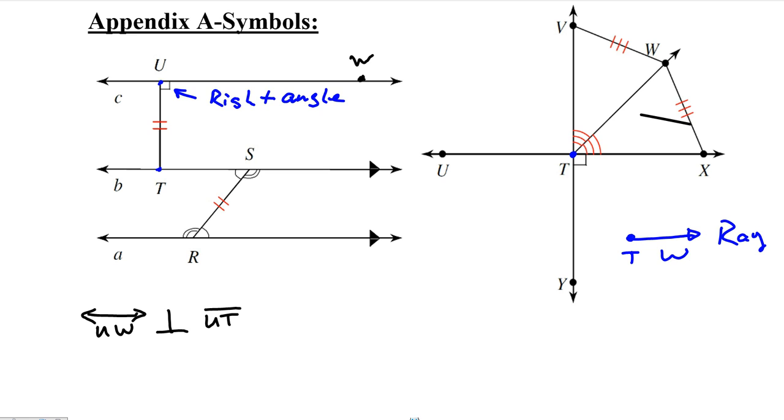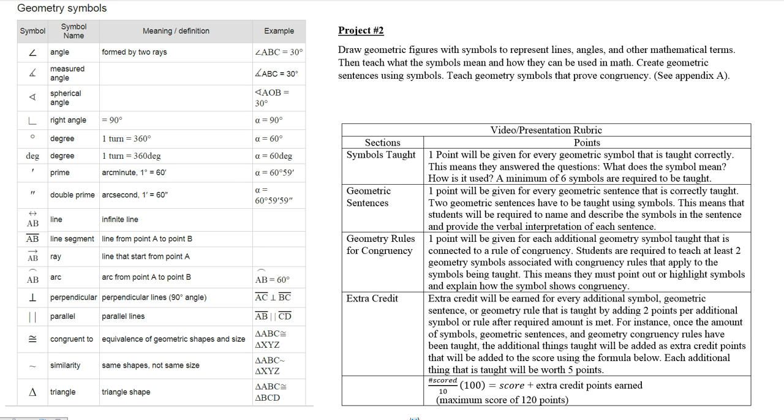So there's many different options, using that list of symbols that I gave you on the previous page here. Angles, lines, line segment, rays, arcs. You could use circles, half circles, all that kind of stuff. Parallel, congruent, similarity, triangle.